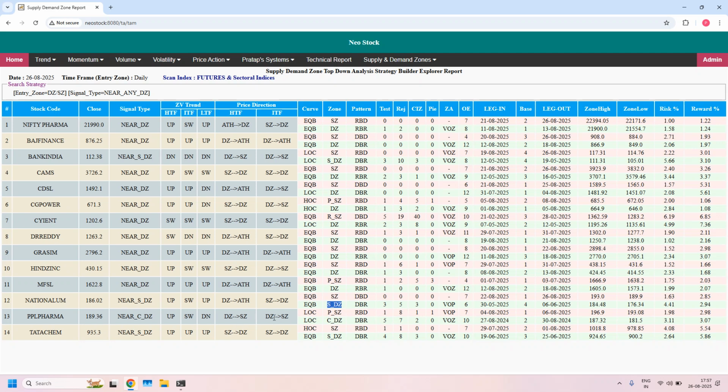Next, National Aluminium is having a daily high liquidity demand zone. Next, PPL Pharma is having a daily high liquidity demand zone. Next, Tata Chemicals is having a daily high liquidity demand zone. So total 4 daily high liquidity demand zones we identified from this list.